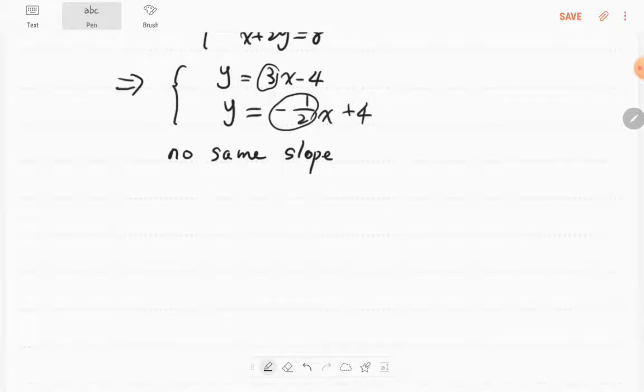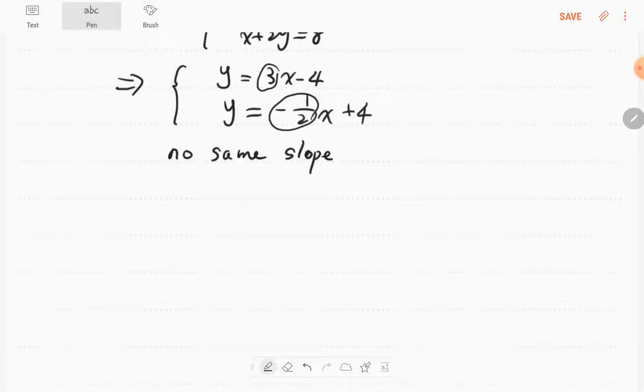If they do not have the same slope, they will not be the same line, right? Same slope, same intercept, they will be the same line. Same slope, different intercept, they are parallel. So this one is not the parallel special case. It's not the identical special case. So this is the general case.